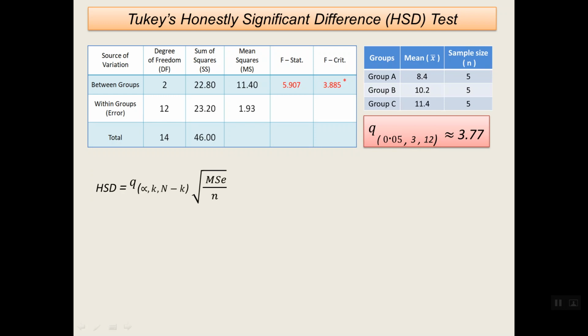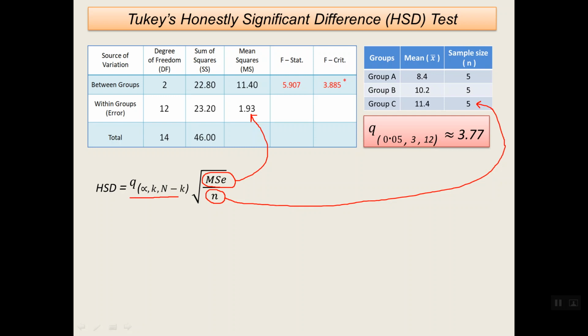What is needed now is the value of MSE, the mean square of the error, which is 1.93. It's from the one-way Anova table, while N is the sample size for one of the three groups. It is 5.